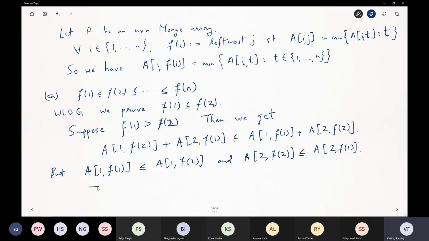This implies this is actually equality. Okay, you follow? Just look at this for a moment and see if everything is fine.